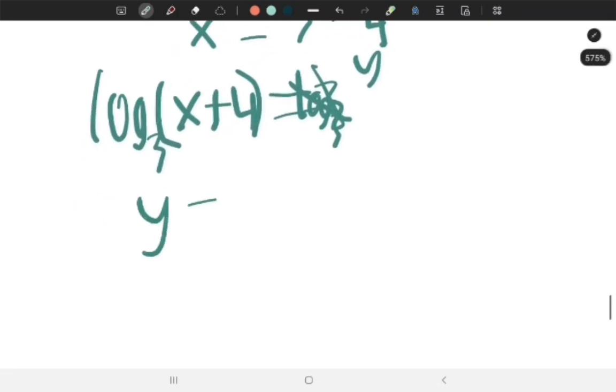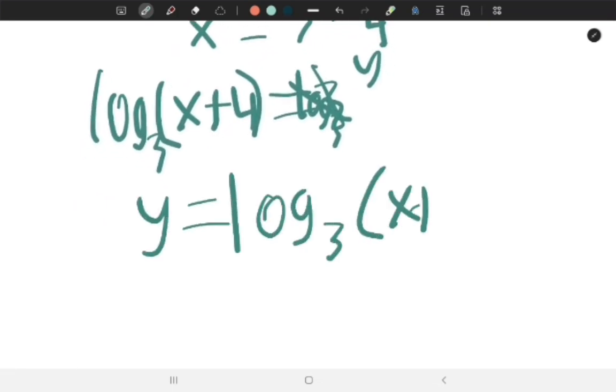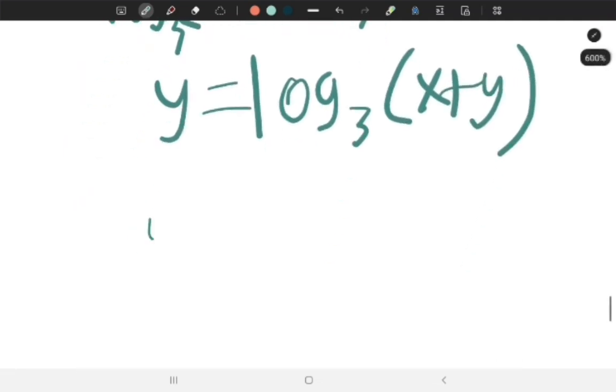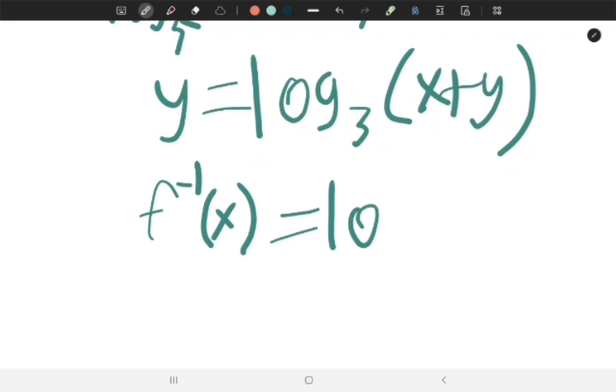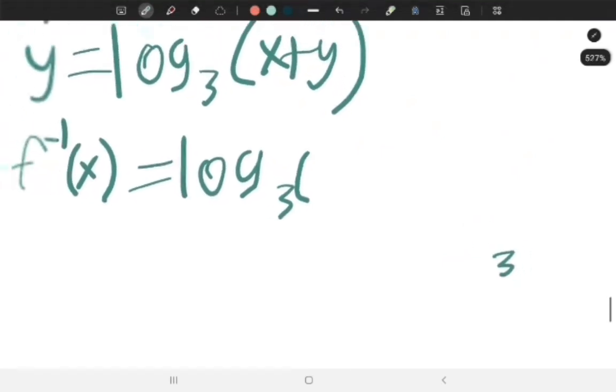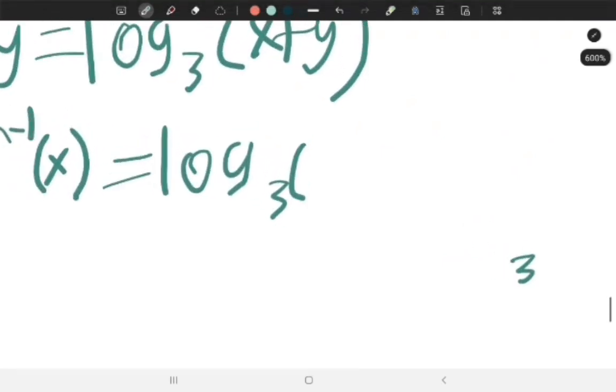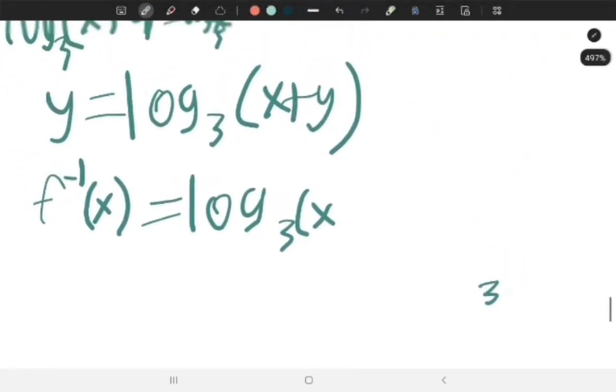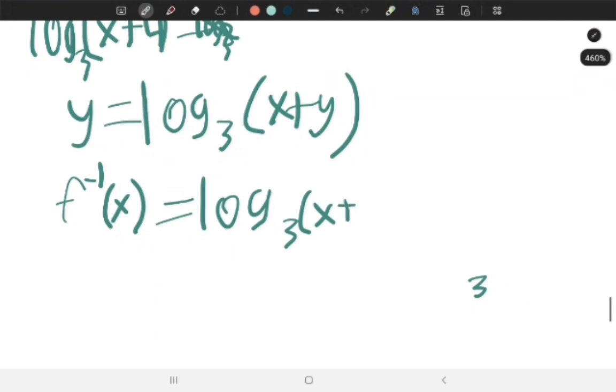That means y is equal to log 3 of x plus 4, and the inverse function of x is equal to log 3 of x plus 4.